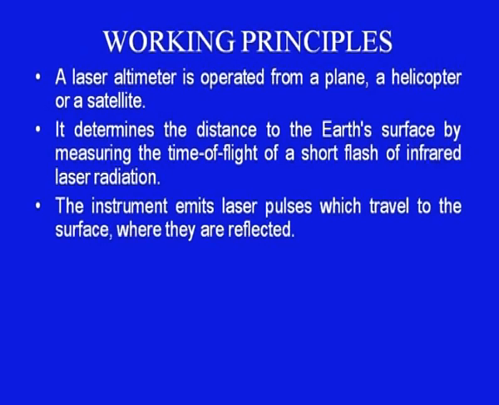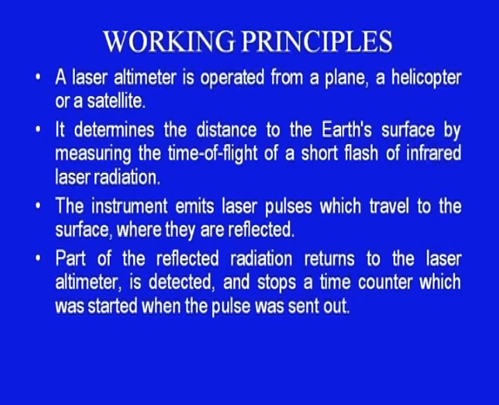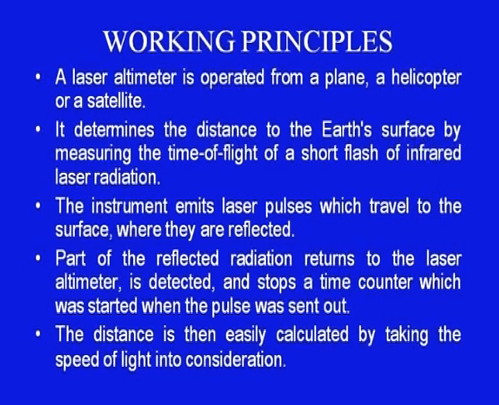The instrument emits laser pulses which travel to the surface where they are reflected. Part of the reflected radiation returns to the laser altimeter, is detected and stops a time counter which was started when the pulse was sent out. The distance is then easily calculated by taking the speed of light into consideration.